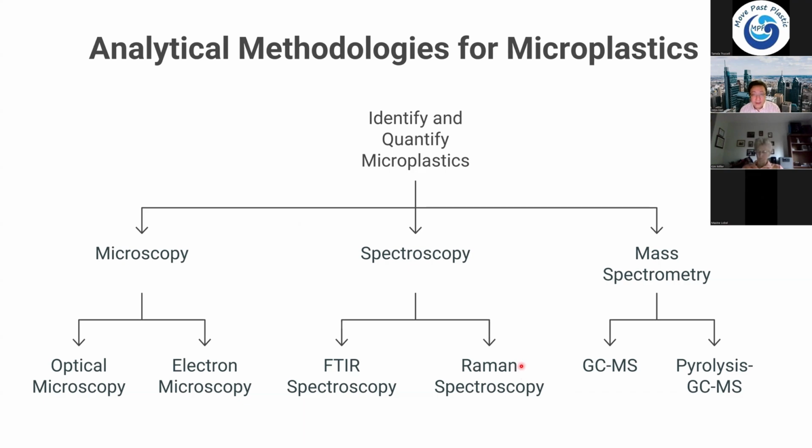Another methodology for microplastics is mass spectrometry. This is relatively new compared to the microscopy and spectroscopy methods. Especially pyrolysis GCMS is an emerging methodology that many investigators are trying to use nowadays as well.